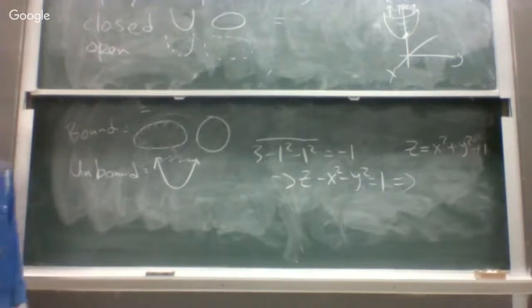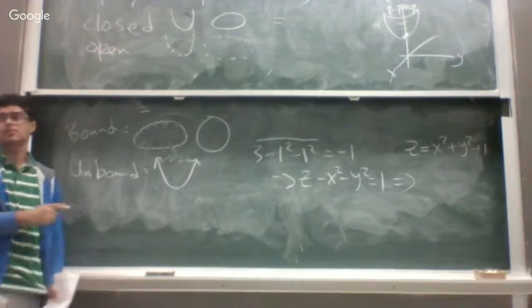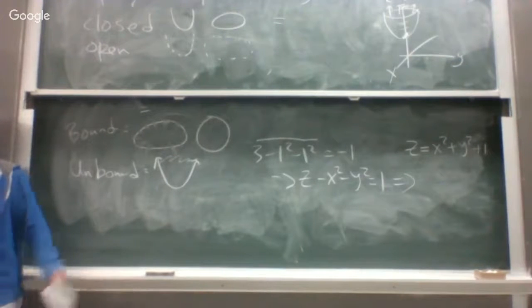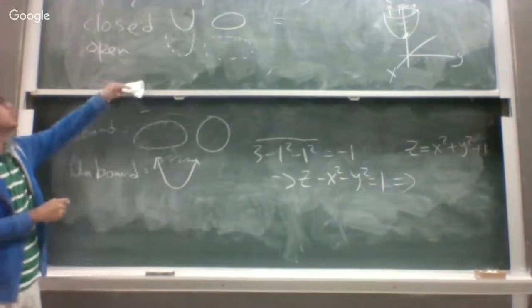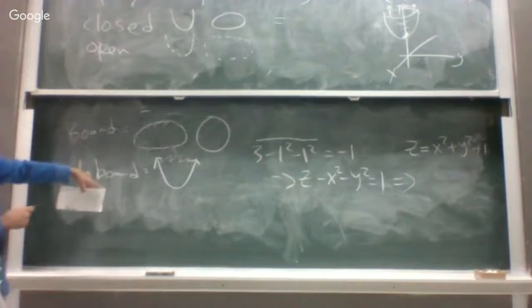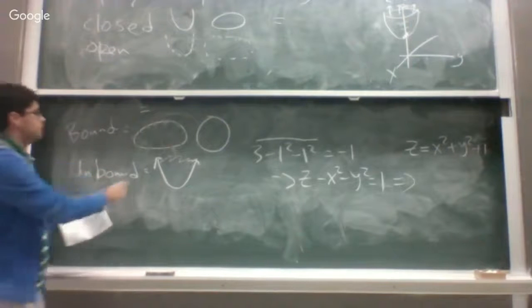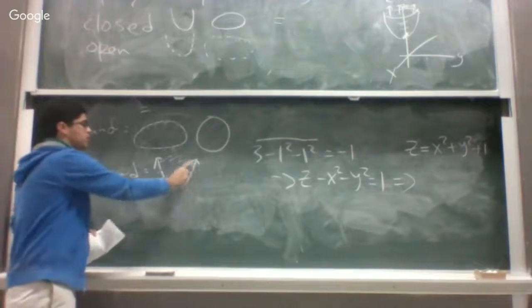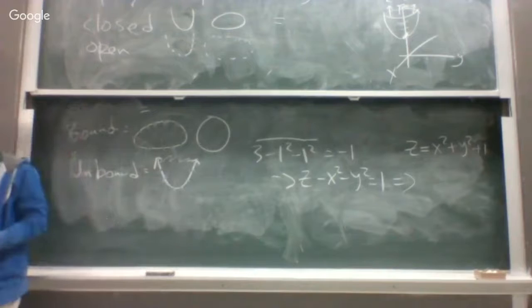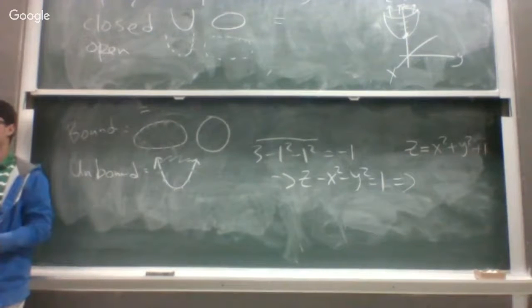Did that make sense? These are essentially the 4 different ways. And then you can mix those 2 combinations. So you can have unbound and open, where it doesn't include the edge of the parabola. Did that make sense?